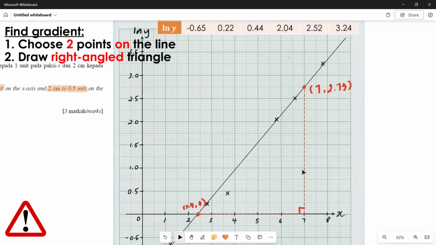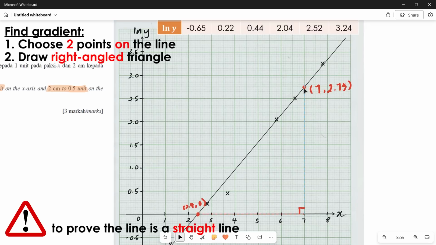So if we want to use that formula, we need to prove that this side is also a straight line. As we know, for right angle triangles, this is a hypotenuse, and hypotenuses are straight lines, right? So by drawing this right angle triangle, we have proved that this side is a straight line, and then we can use the gradient formula to find out the gradient.